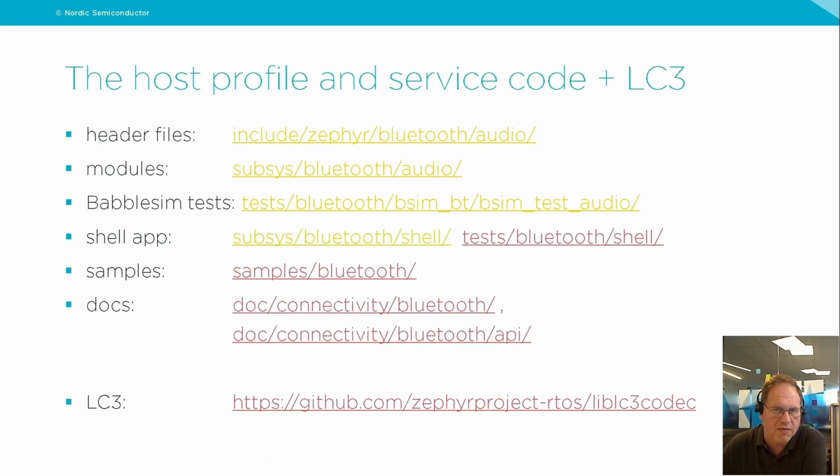In addition, we have BabelSim tests, which tests the main functionality. We have shell applications, there are samples, there is a bit of documentation. And Zephyr also has an LC3 implementation.